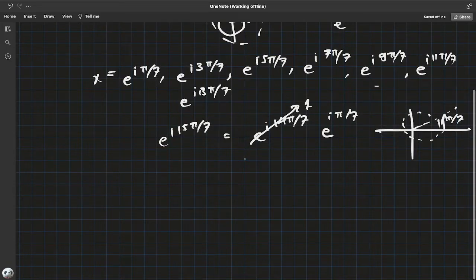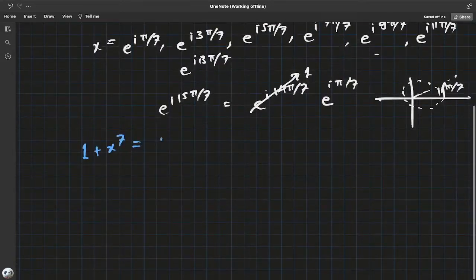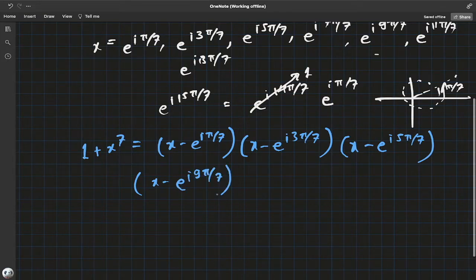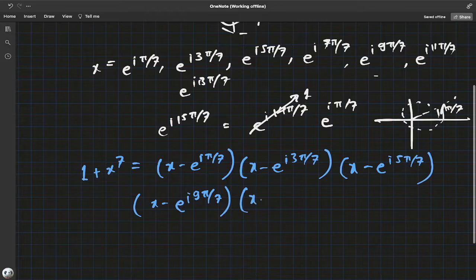Now, how is this helpful? Because now you can represent 1 plus x to the seventh as a product of these factors. So x minus e to the i pi over 7. This method is way cleaner and more compact than arbitrarily factorizing.